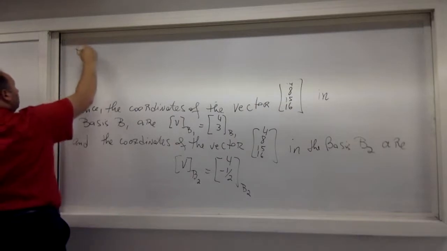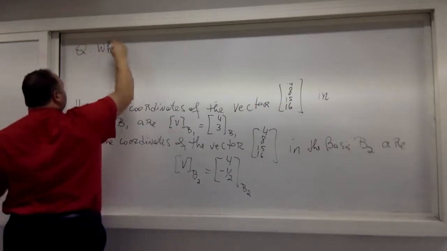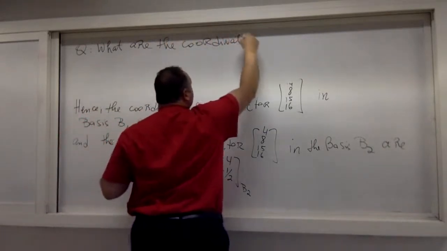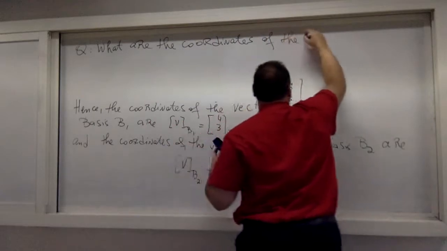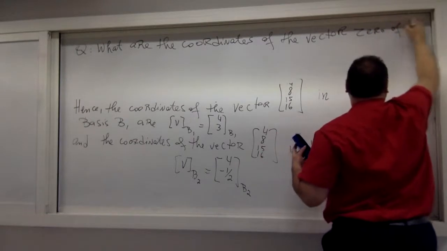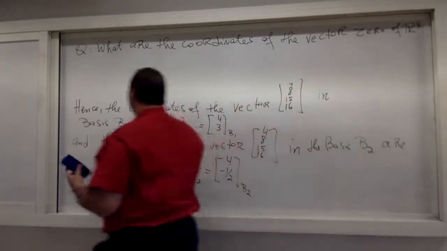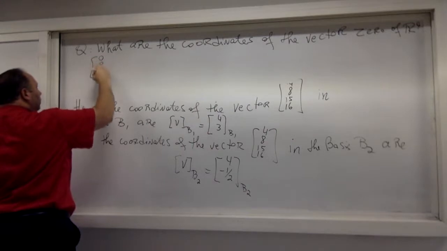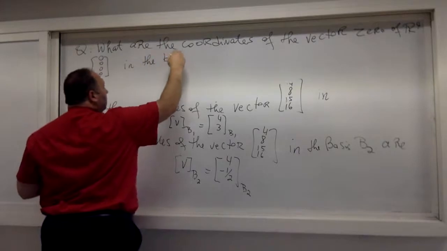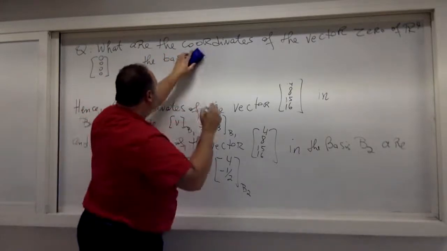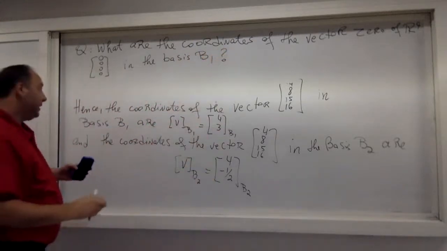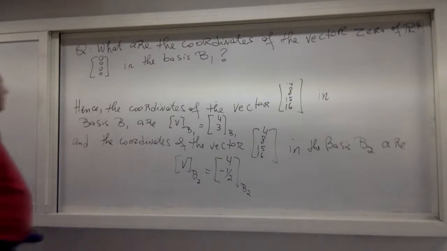So the question: what are the coordinates of the vector 0 of R4, so the vector 0, 0, 0, 0, in the basis B1? Then you guess the second question is, what are the coordinates of the vector 0 in the basis B2?